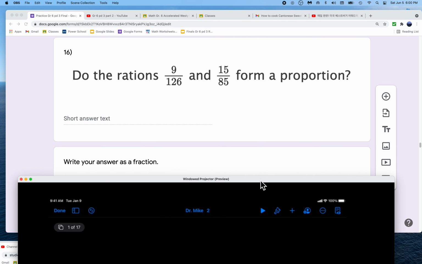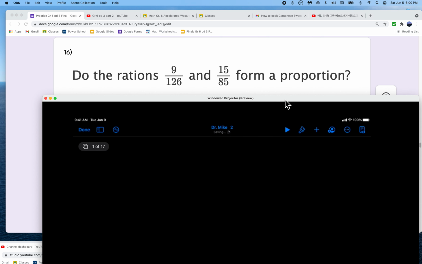Do the ratios 9 over 126 and 15 over 85 form a proportion? Okay, I want to put a question mark here, because the way this is worded, we don't know the answer to that. Now, as we alluded to in class, it's inefficient to work with big numbers.